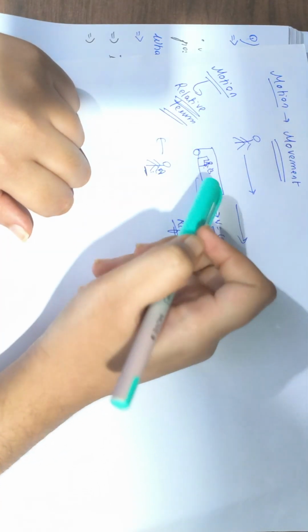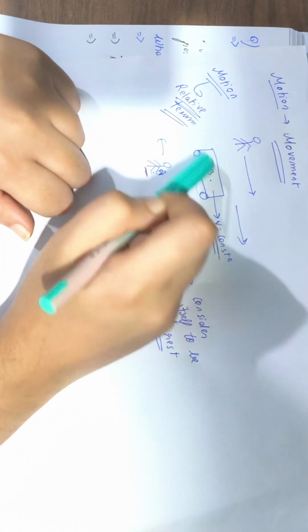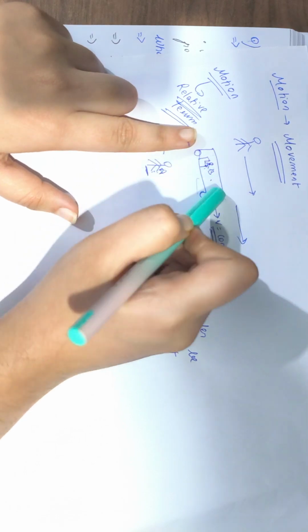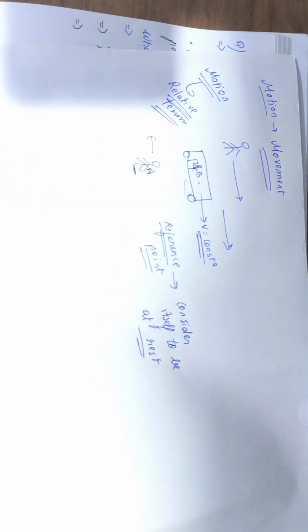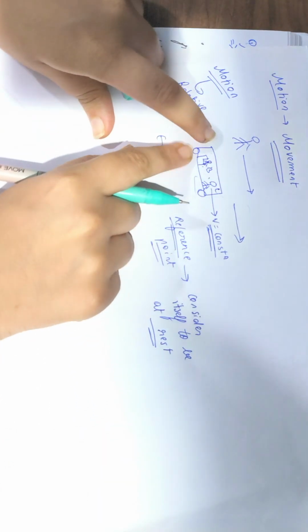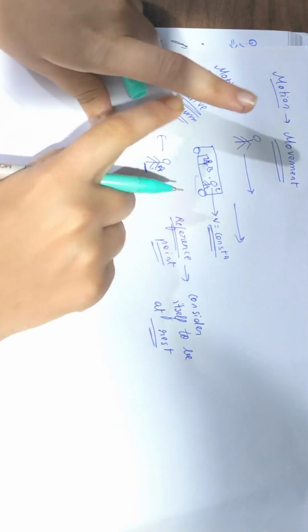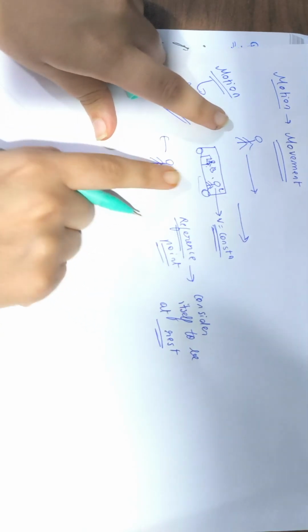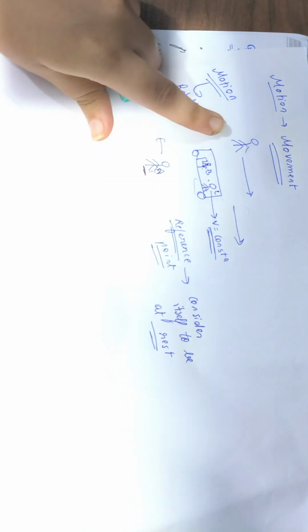Now for this person B, this train is at rest, because both of them are inside it. Let's consider one more thing, another person C here. For person B, C is at rest, but for person A, C is moving with a constant speed v.